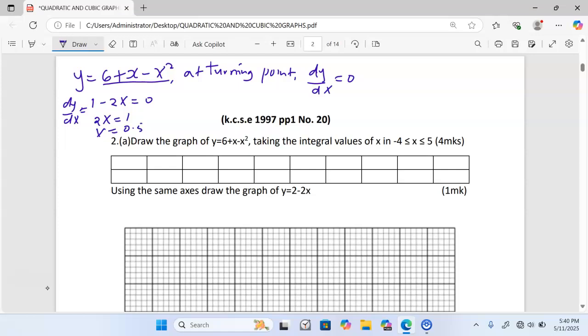Having gotten the value of x, we can now get the value of y by using this equation.